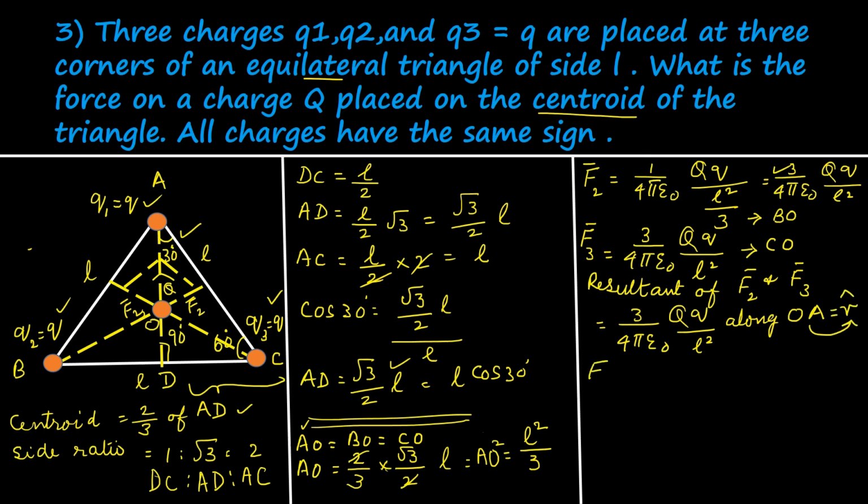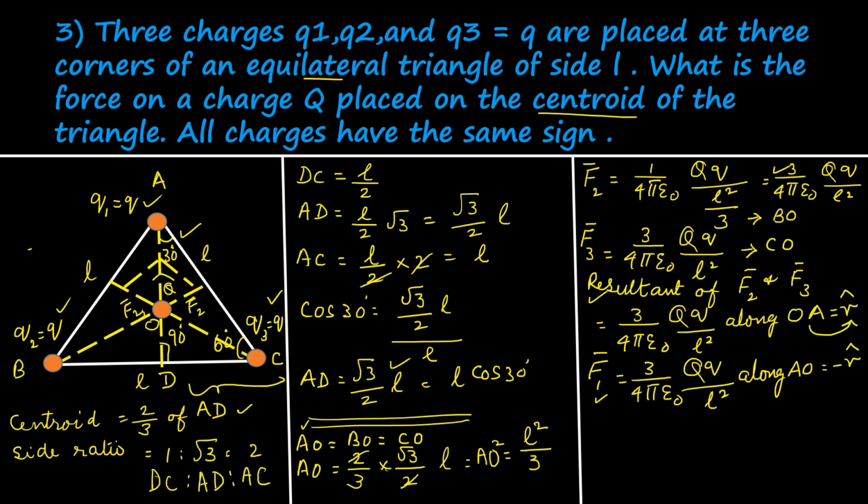Now F1, the force exerted by Q1 on capital Q, is 3 by 4 pi epsilon naught capital Q small q divided by L square, but along AO. The unit vector for OA is positive R cap. So the unit vector for AO is negative R cap because they are in opposite direction.